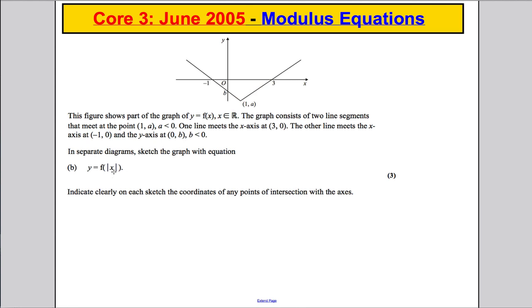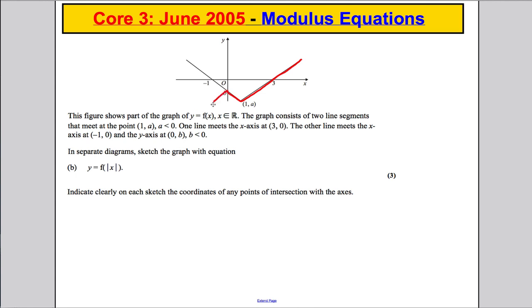Okay, next one, f of modulus of x. Now, what this transformation does is it copies everything it sees on the normal f of x graph for x positive, and then it reflects all the values of y for x positive when x is negative.